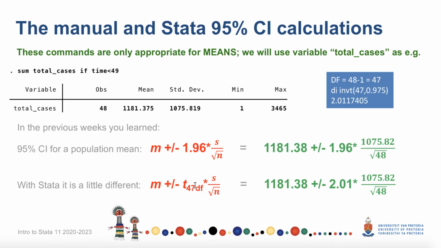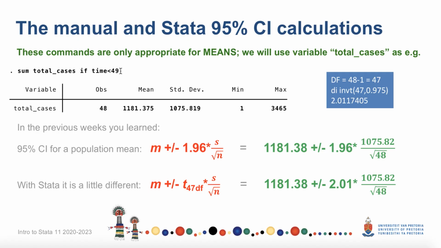The critical value for a 95% confidence interval, we got out of this formula up here in the little blue box when we went to Stata and used the DINVT command, and it came to 2.01. So we're going to multiply by 2.01 rather than 1.96 when we use Stata.